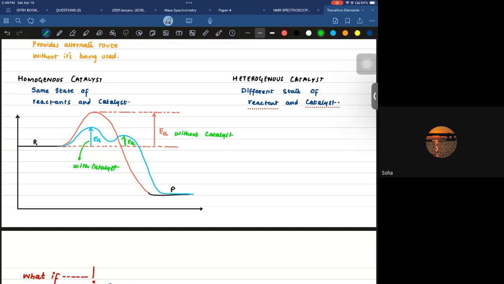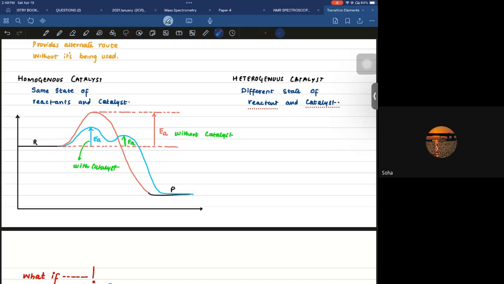And why are you going to have two humps? This is the first hump, this is the second hump. Whenever the intermediate is present in your chemical reaction, the graph would have two humps. So what do you mean by intermediate? Let's suppose if you discussed SN1 reaction that occurs in two steps. In the first step, the ligands are going to leave the compound. Let's suppose you are going to substitute Cl minus through OH minus.